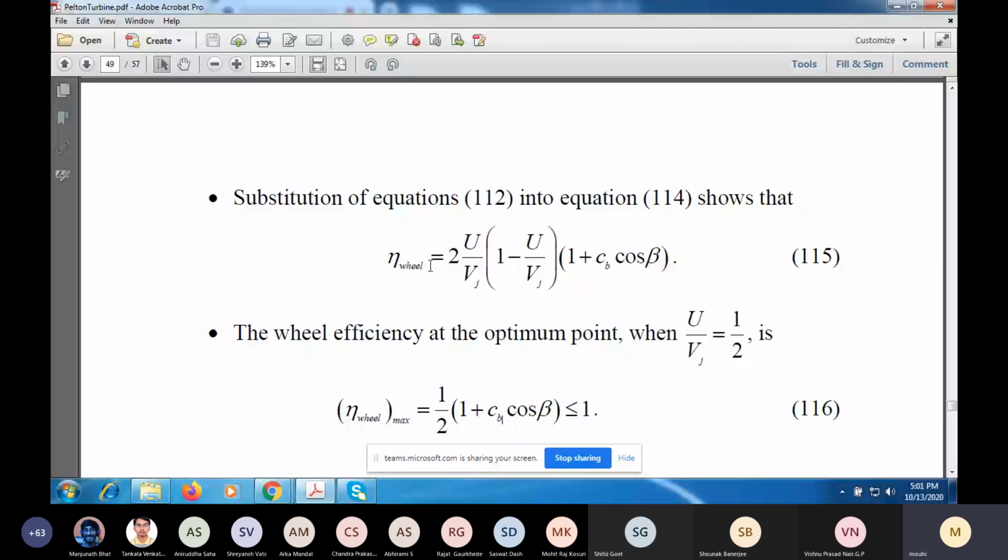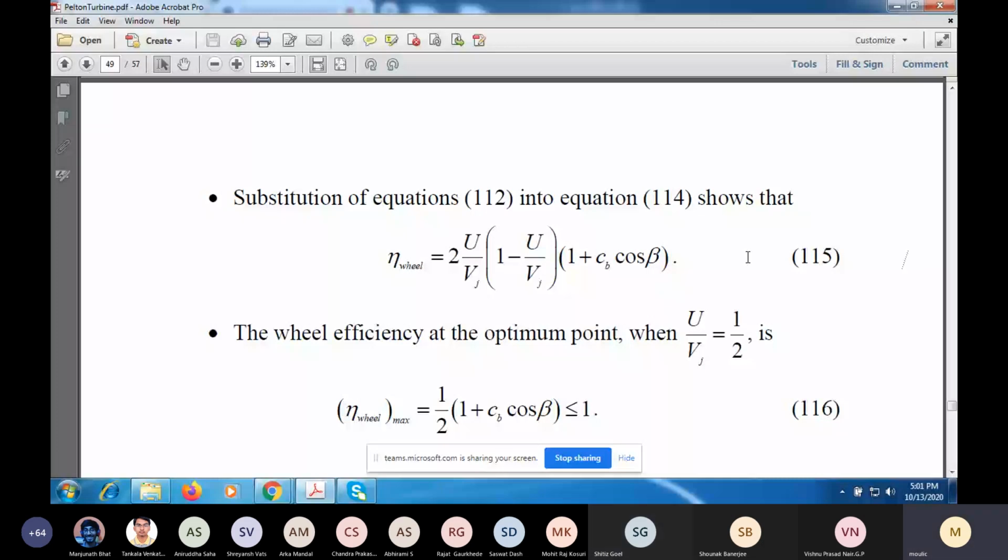See, you can try and find, suppose I say u by Vj is a non-dimensional parameter. Then the eta wheel, which is of course non-dimensional, is a function of this parameter u by Vj. So for what value of u by Vj will the efficiency be maximum? You can find it directly from equation 115. This also is a quadratic in u by Vj.